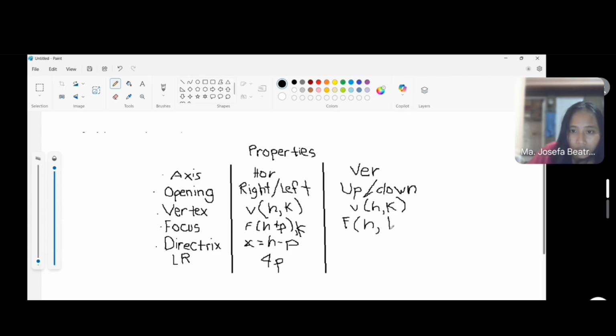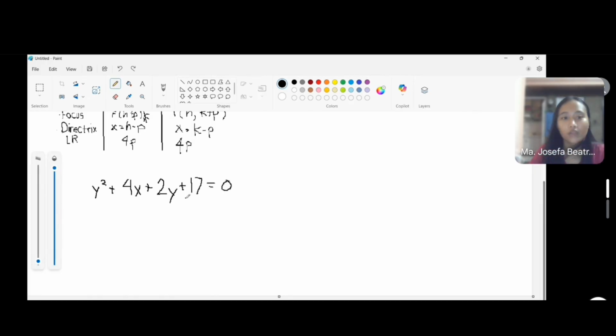It's just the opposite of our horizontal. And then our directrix also is just the opposite of our horizontal. I'm sorry, that's y equals k minus p. And our latus rectum is just the same, 4p.